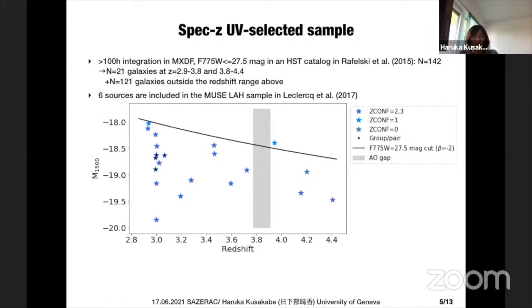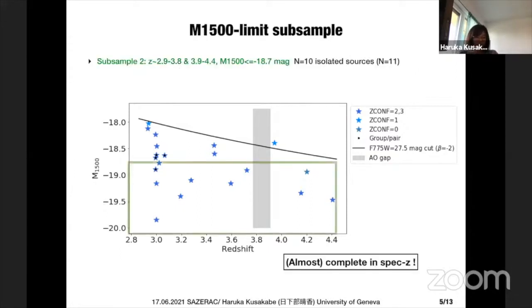Among them, 21 galaxies were confirmed to be in the redshift range of our interest, 2.9 to 4.4. 6 sources are also included in the previous MUSE halo study in Leclercq et al., and 15 sources are newly selected for our sample. The UV magnitude and redshift of our sample are shown in this panel.